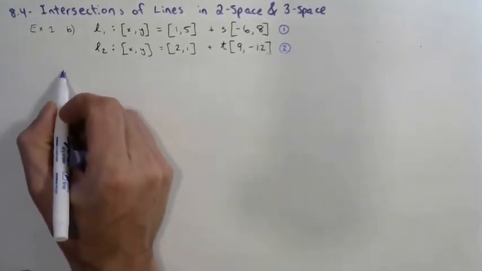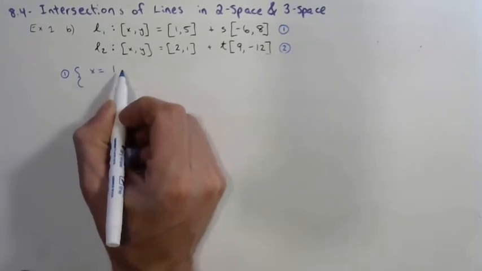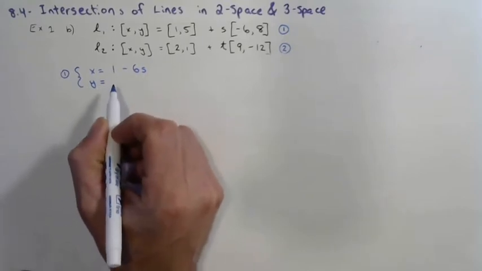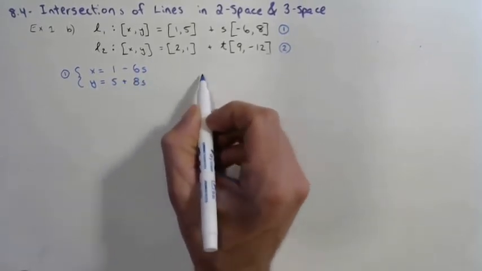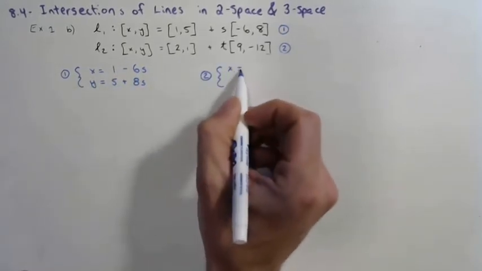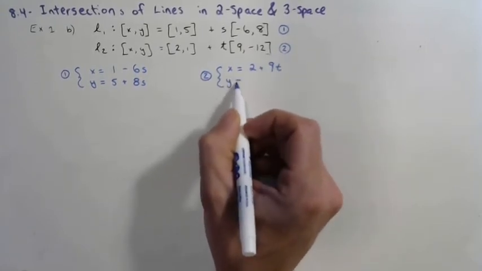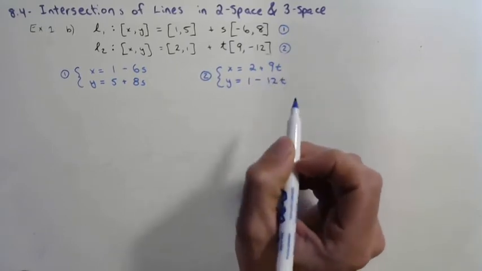For line 1, we have x equals 1 minus 6s, y equals 5 plus 8s. Over here for line 2, we have x equals 2 plus 9t and y equals 1 minus 12t.